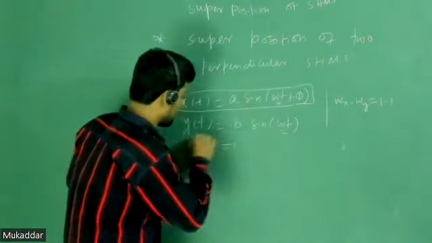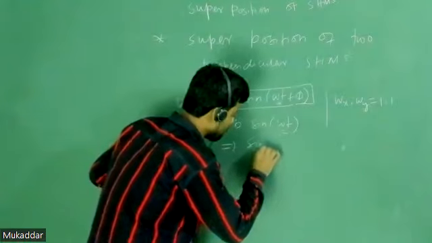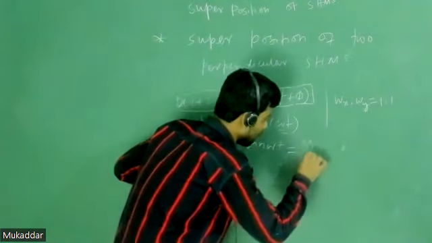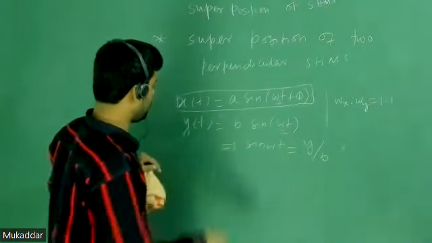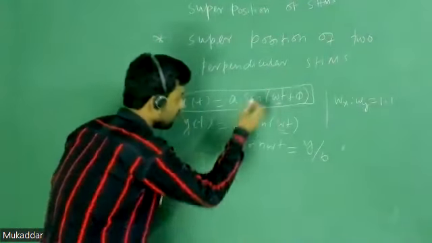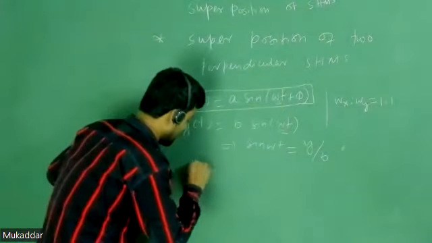So from this equation, can I write that sine of omega t, that will be how much? That will be y by b. Sine of omega t from this equation, that will be y by b. Now from x, from this equation, what I can write?